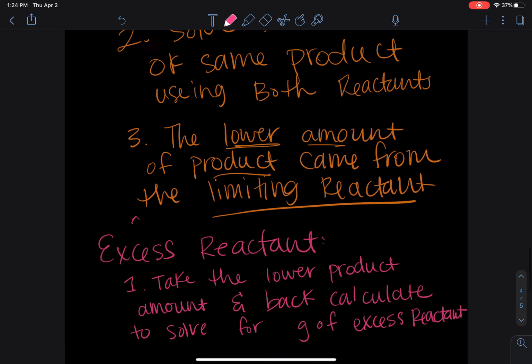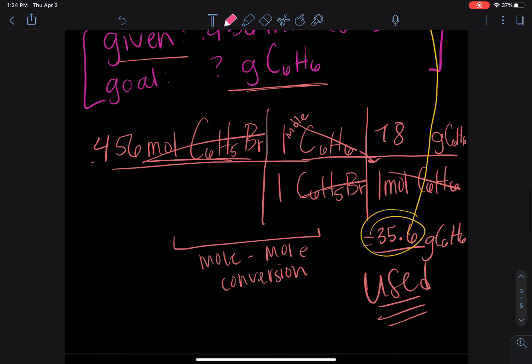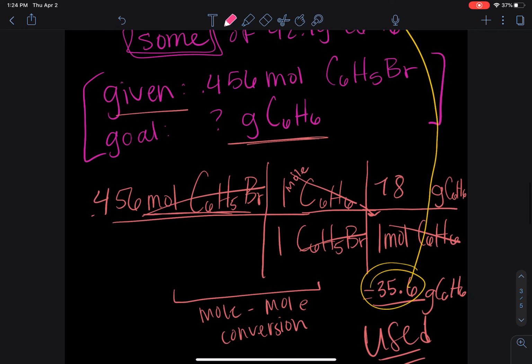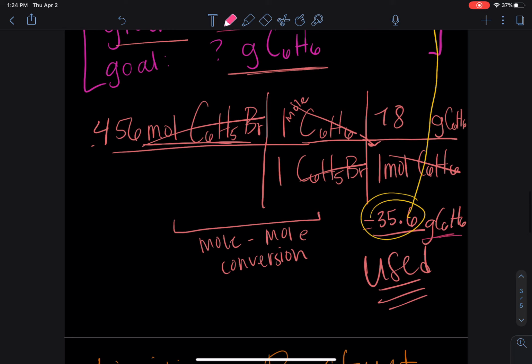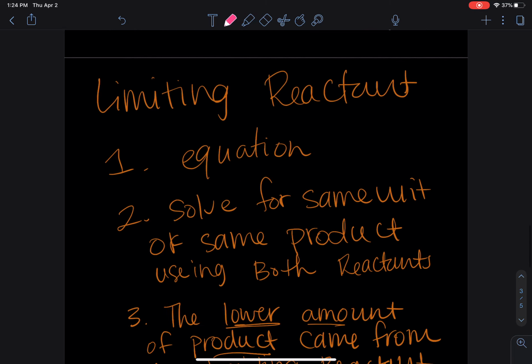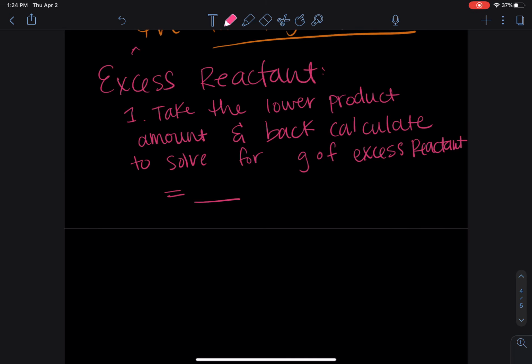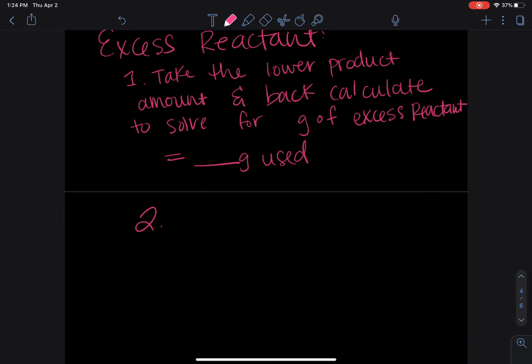This is what we did right here. We took the lower amount of product and back calculated to find grams of excess. This tells you how many grams we used. The second step is to figure out how much you have left. You take the given amount minus the used amount, and that gives you what's left. That's what we solved for.